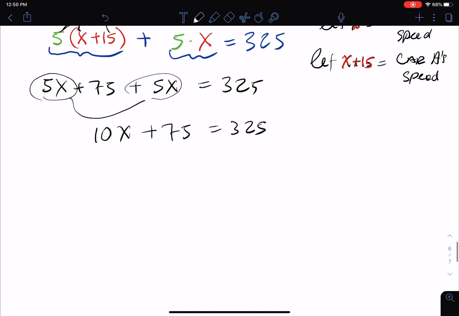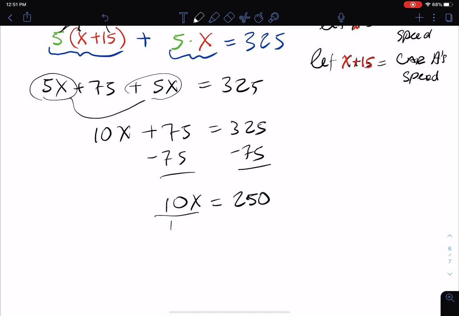I want to solve for x, so we're going to do that by subtracting 75 off of both sides. When we do that, we're left with 10x on the left, and on the right, 325 minus 75 is 250. We're almost there. Divide both sides of the equation by 10. Reduce, and we isolate x equals 250 divided by 10, which is 25.